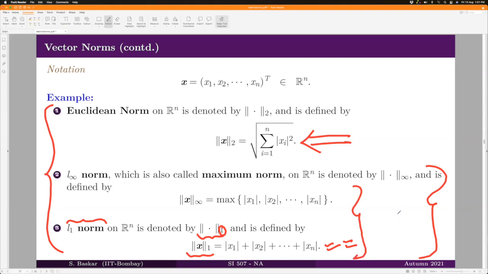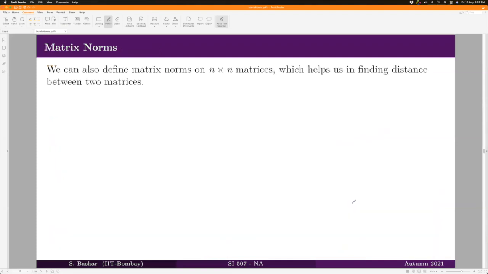That point I will explain little later when I come to matrix norm. But for time being, you can clearly see whether they are physically realistic or not, these two also satisfy mathematically all the properties that the physically realistic distance formula satisfies. With this idea, let us go to define matrix norm.